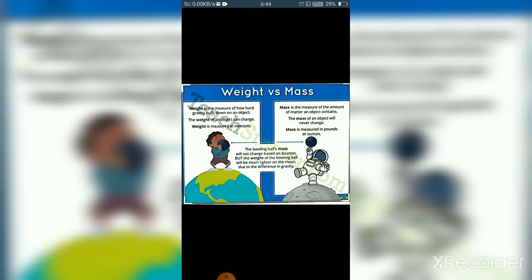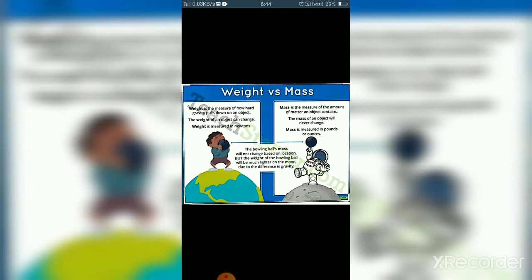Another term is weight. The weight of an object is the force with which it is attracted towards the earth. Means weight depends on the gravitational force. Suppose the gravitational force changes from one place to another, then we say that the weight also changes, right?